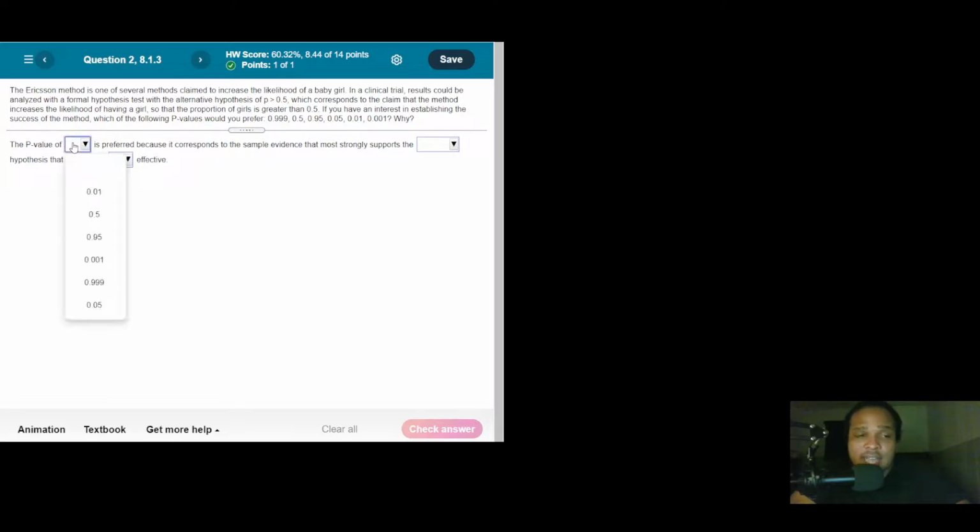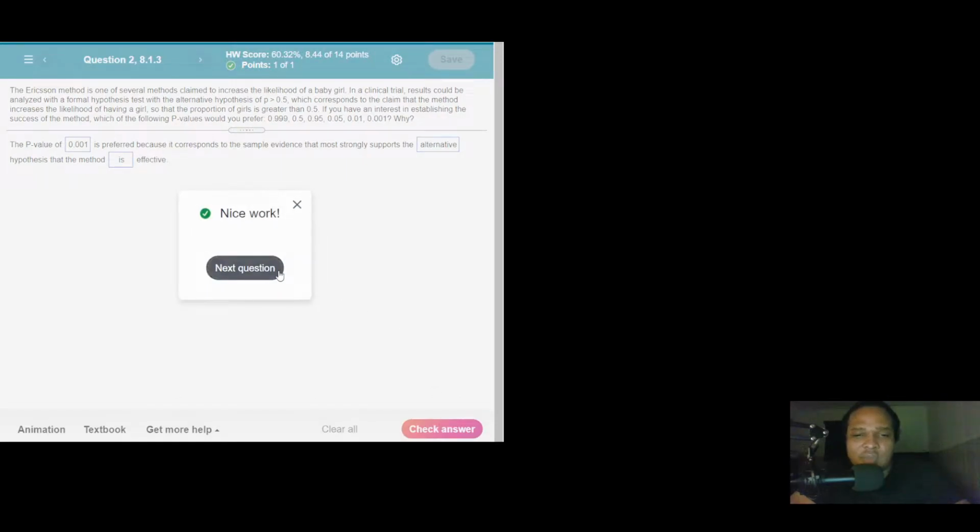When we're testing claims, when your p-value is less than your significance level, you're going to reject the null hypothesis, which means that you're basically supporting the claim. So you want that p-value to be very low, and 0.001 is the lowest as they come. Because we have so many of these choices, you want to choose the smallest one, and it's that one.